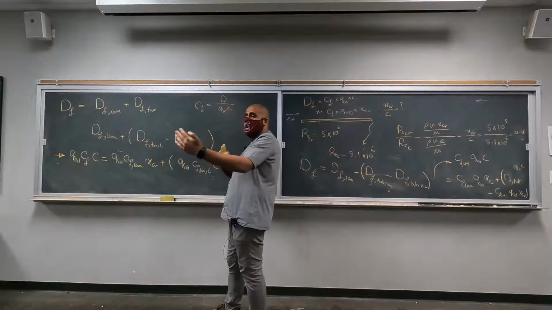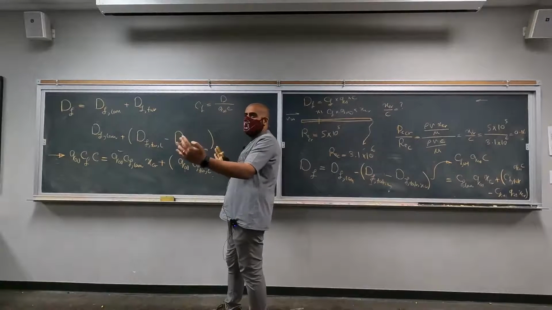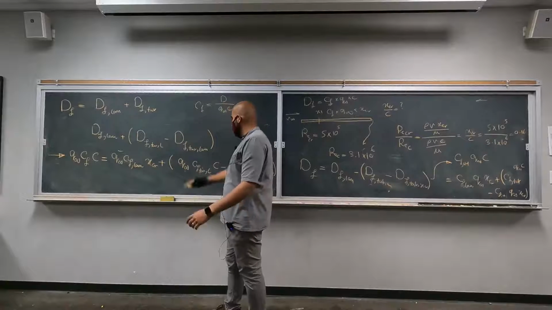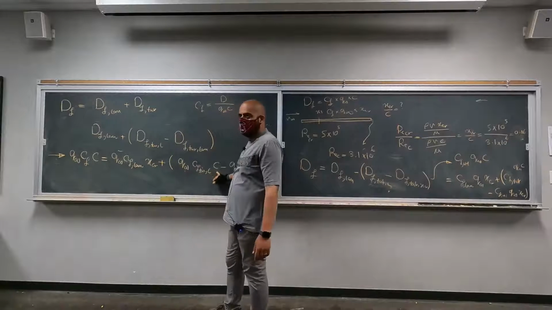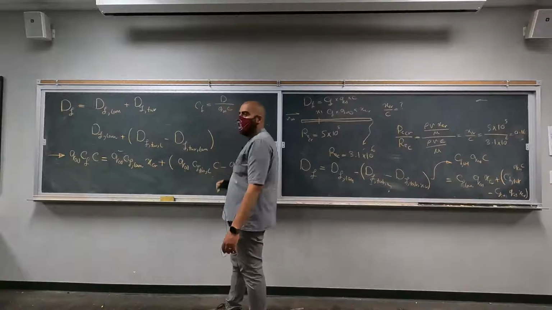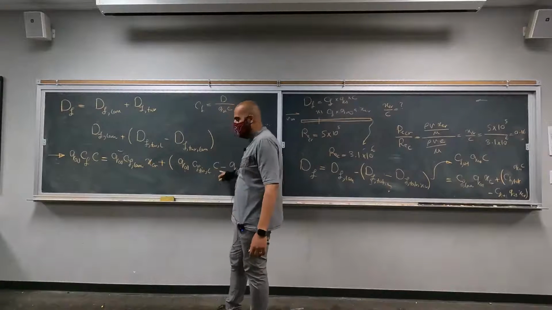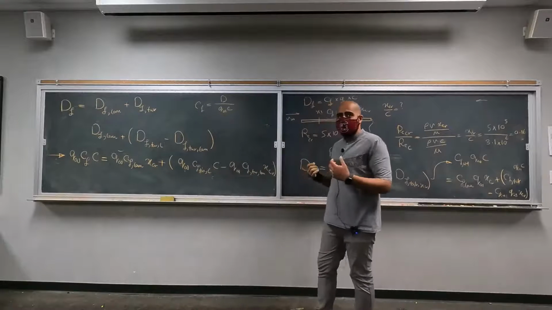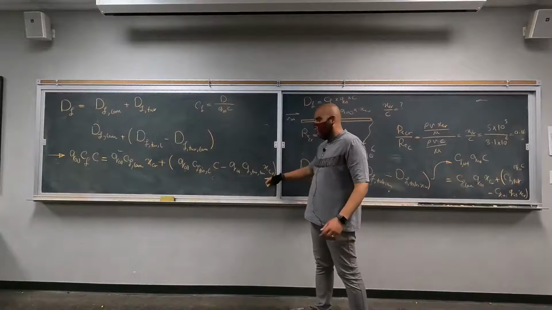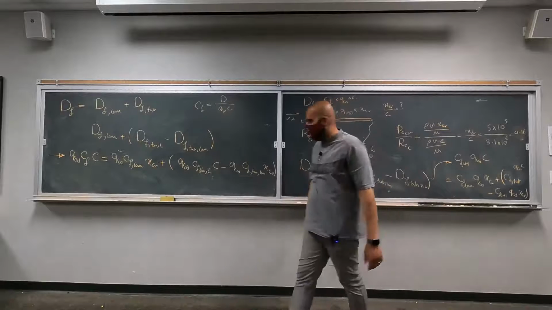So the length of the plate is X critical for the laminar region. For the turbulent region, the first part, which assumes that all of the plate is turbulent, the length is C. The second part that we want to take out, the unphysical part, also applies to the X critical, right?